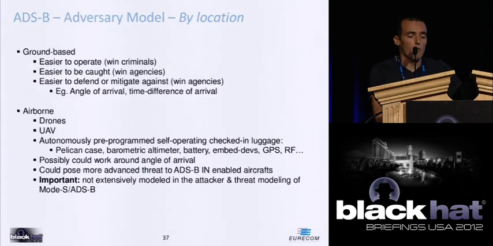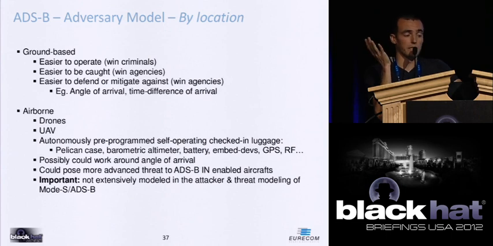Okay. Now, by location, adversaries can be ground-based, which means that they sit in a van with their transmitters and antenna. It's easier to operate, a plus for the criminal, but it's easier to be caught as well, because usually the FAA and FCC in the US and the equivalents in other countries are very strict about illegal transmission on frequencies, and they have direction finding, and pretty quickly they find the location of a rogue transmitter.